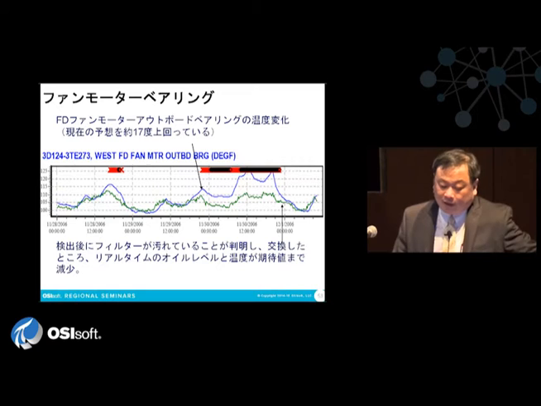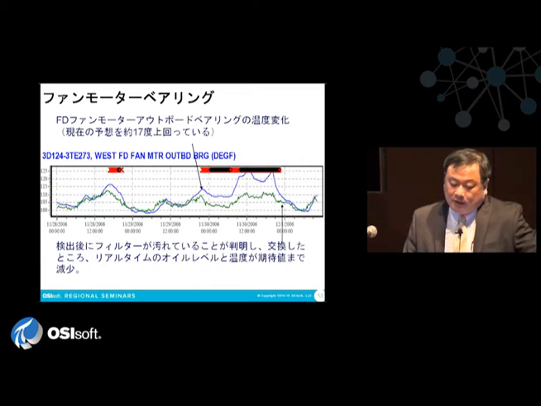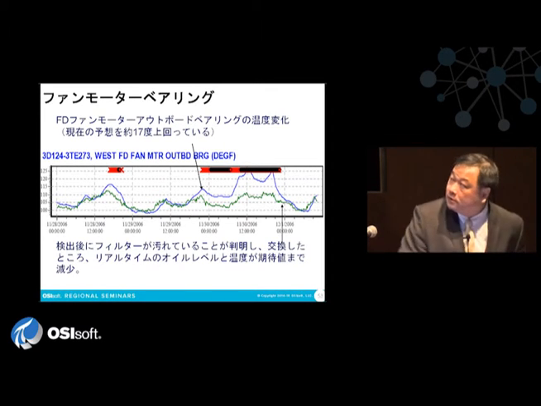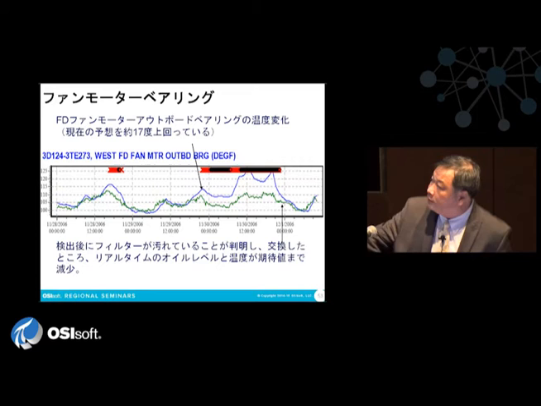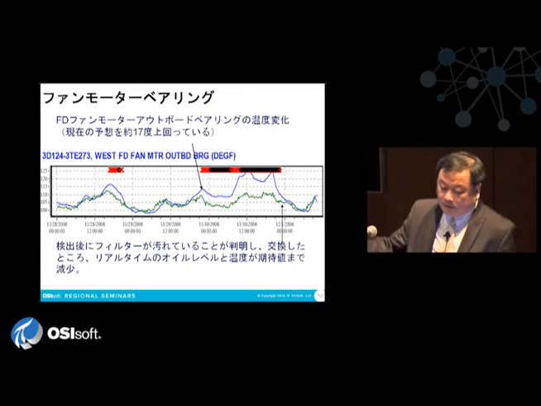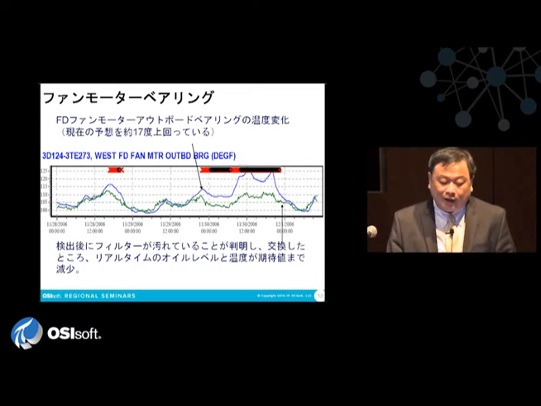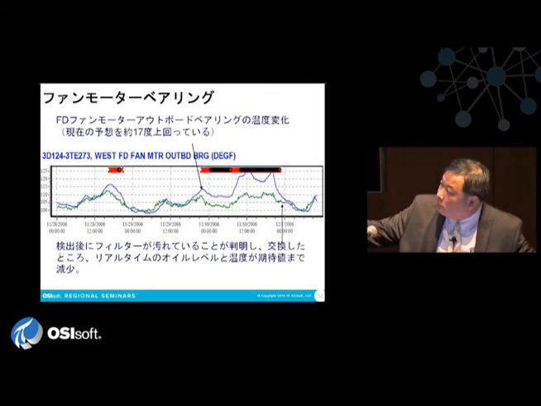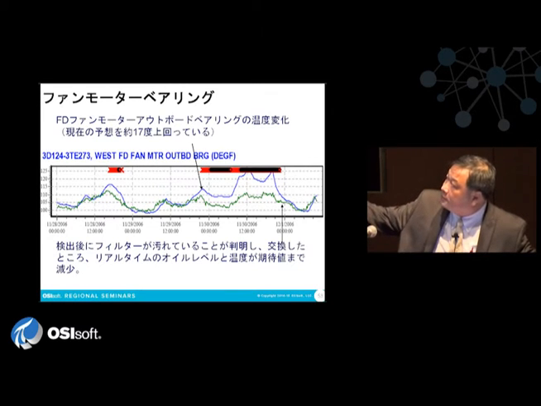The system detects a rise in the bearing temperature. And the blue line is the real-time data. And the green line is the model's predicted data. And you see this becomes more and more, there's a big gap here.